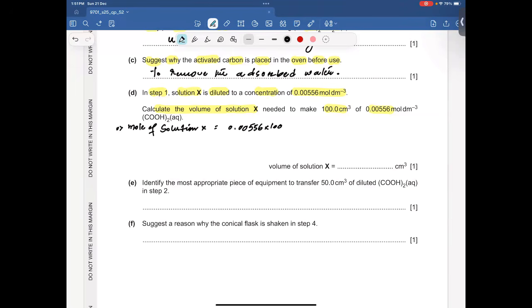Volume is given 100. To get the moles, divide by 1000. So it's going to be, I believe, 5.56 into 10 to the power minus 4 moles.